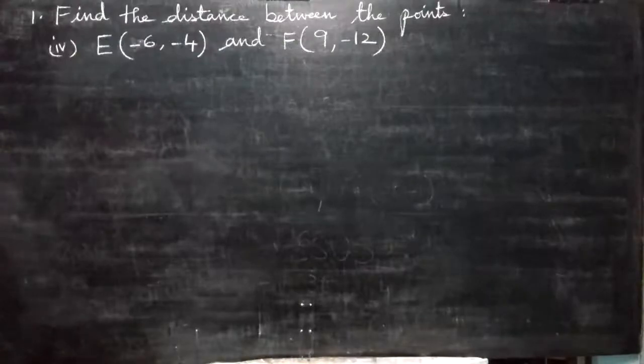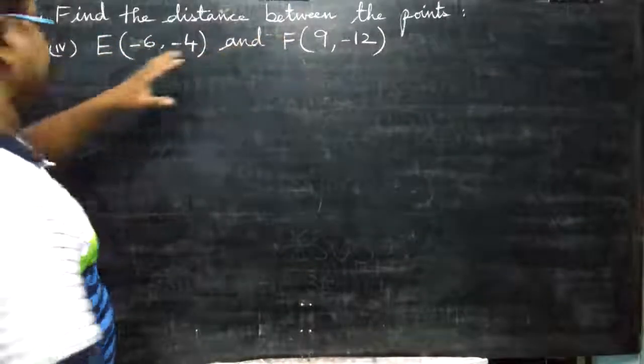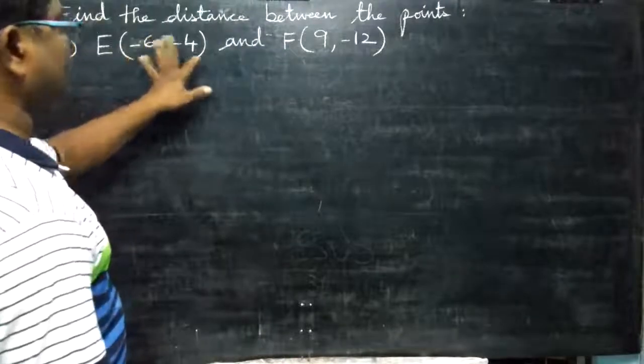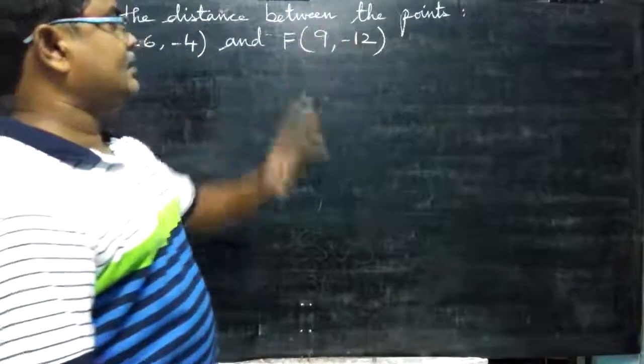Again, in the same first problem, find the distance between 2 points. Fourth bit: E they have given (minus 6, minus 4) and F (9, minus 12).